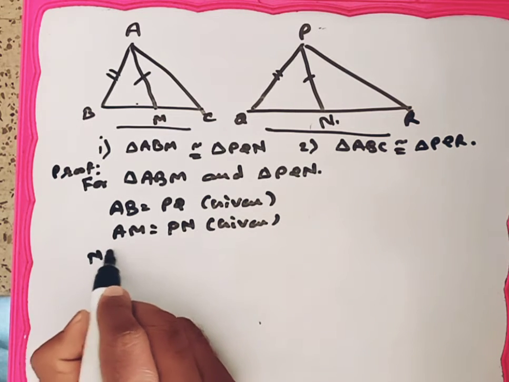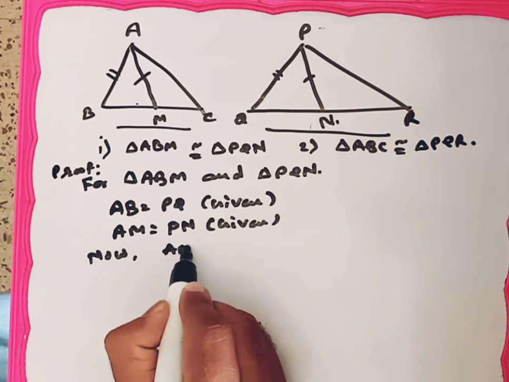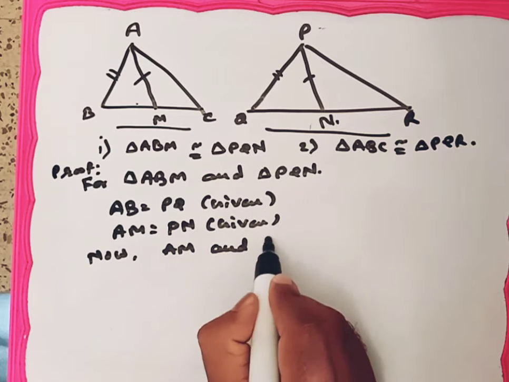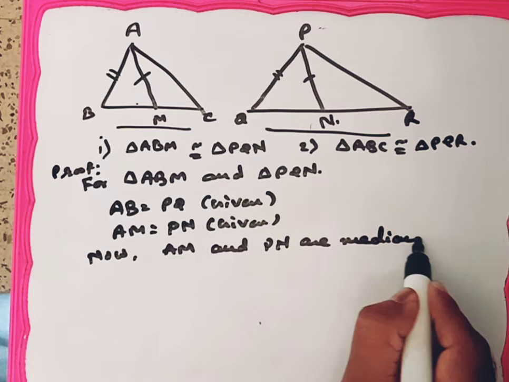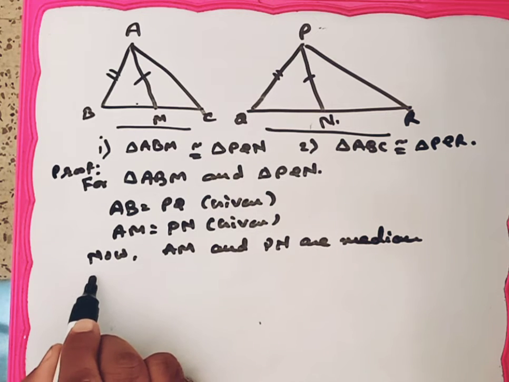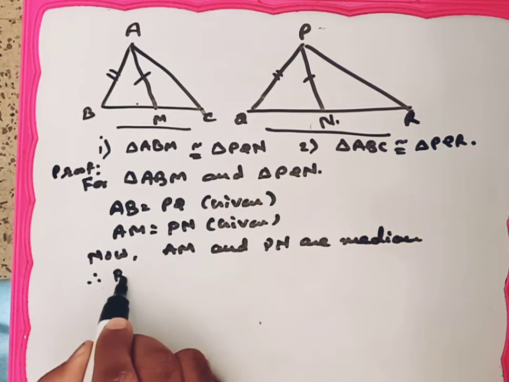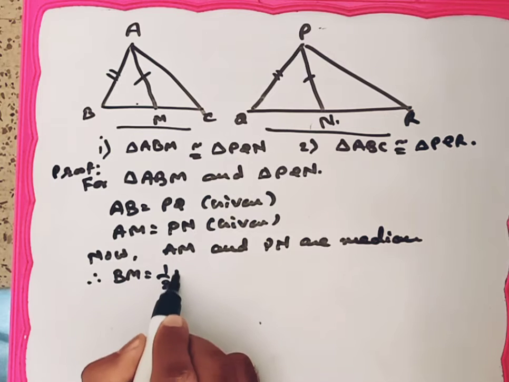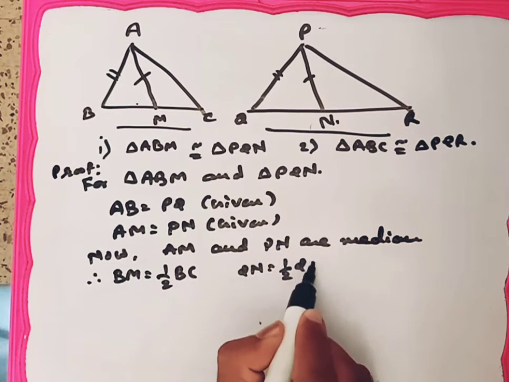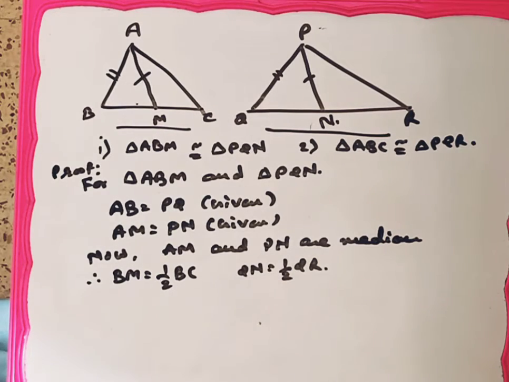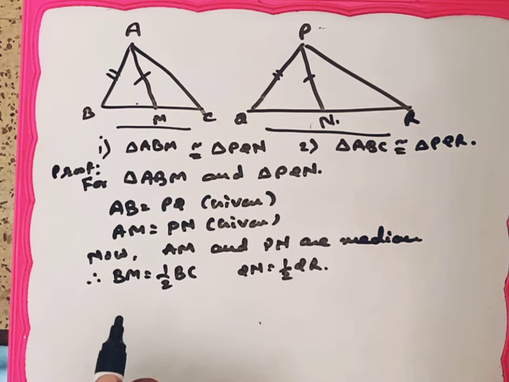Now AM and PN are medians, therefore BM equals half of BC and QN equals half of QR, as M and N are midpoints of BC and QR.